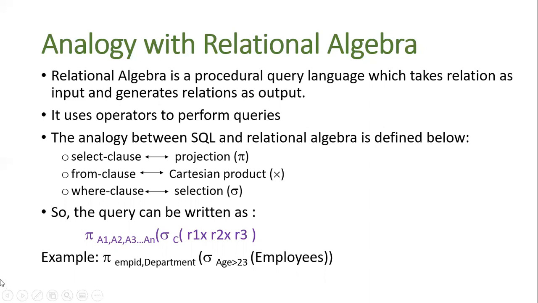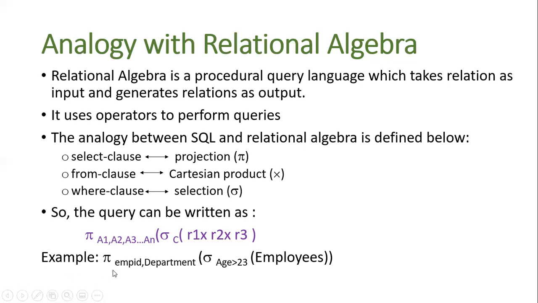So in relational algebra, the query can be written as pi, which is nothing but the projection, A1, A2, A3 up to AN. These are different attributes. And then we have the selection wherein we put the condition, and from we have the Cartesian product.